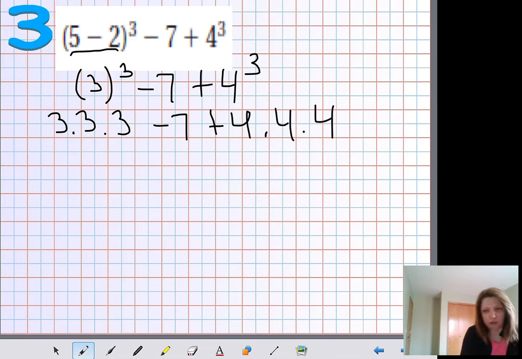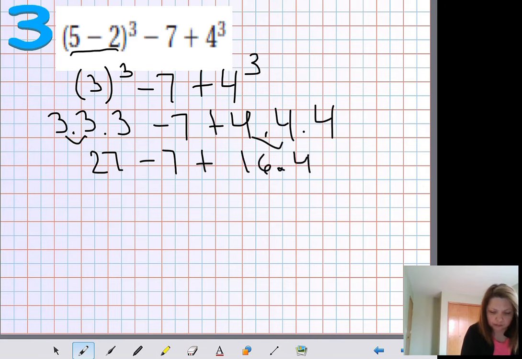Okay? You can break down the example like this, or you can just try on a side piece of paper to calculate. So 3 times 3 here is 9, times 3 will give us 27, minus 7 plus 4 times 4 is 16, times 4.